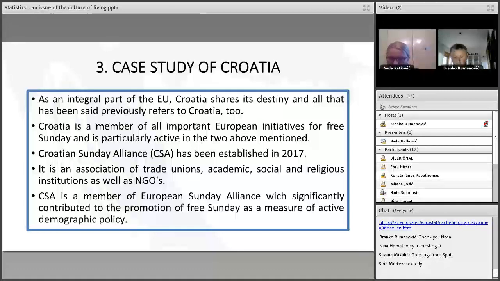It is an association of trade unions, academic, social, religious institutions, as well as non-government organizations. The Croatian Sunday Alliance is a member of the European Sunday Alliance and works on promotion of Free Sunday as a measure of active demographic policy.